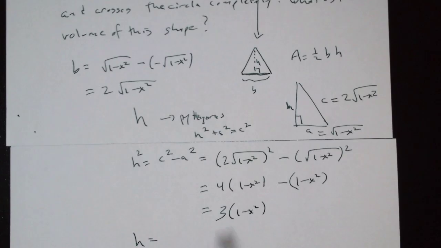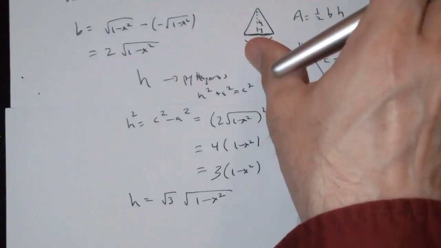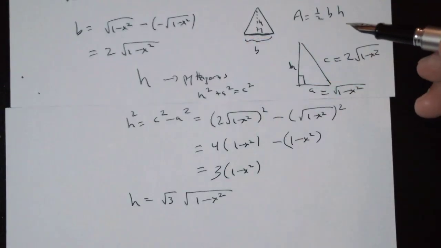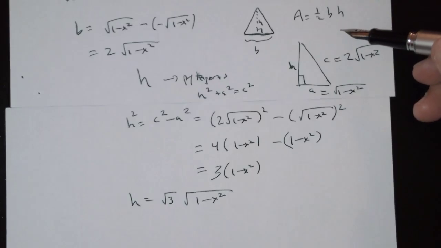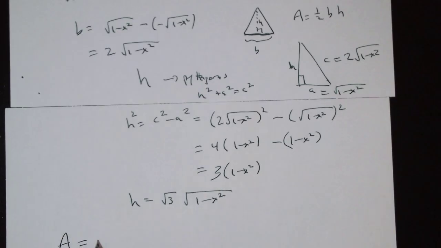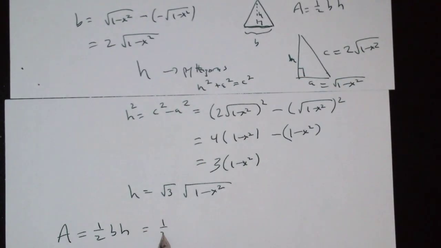And that means that h is the square root of this. The square root of 3 times the square root of 1 minus x squared. Now put those two together. 1/2 base times height. The base right there. And the height right here.